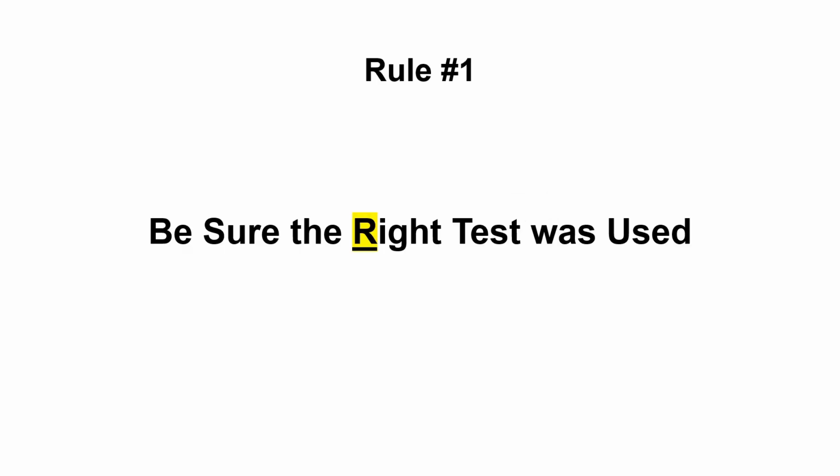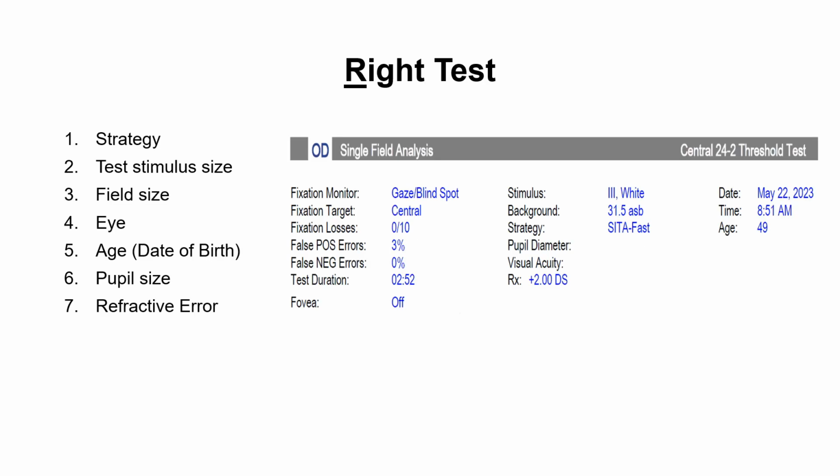First rule, be sure that the right test was used. So for the right test, we should go through all these points: check the strategy, the stimulus size, the field size, the eye, and the age by confirming the date of birth, the pupil size, and the refractive error. We see here OD, which means the right eye.